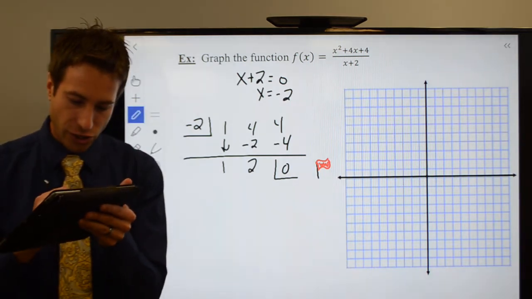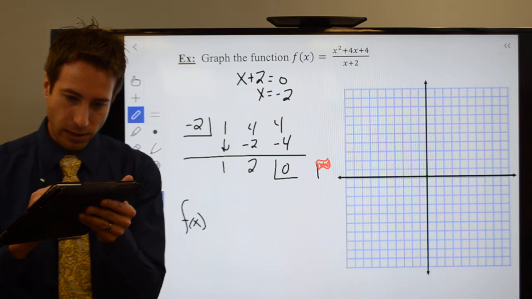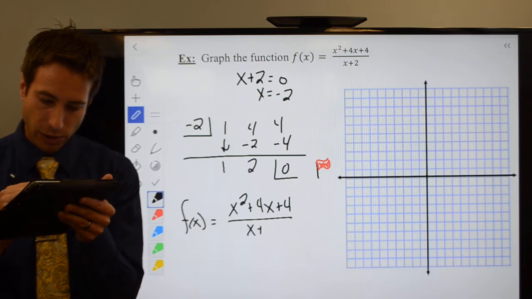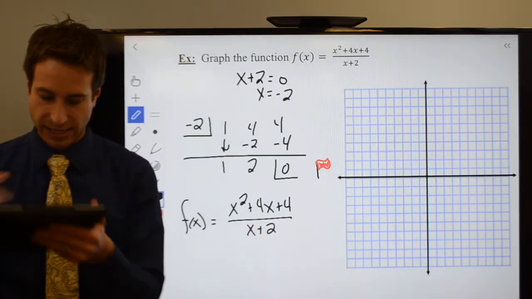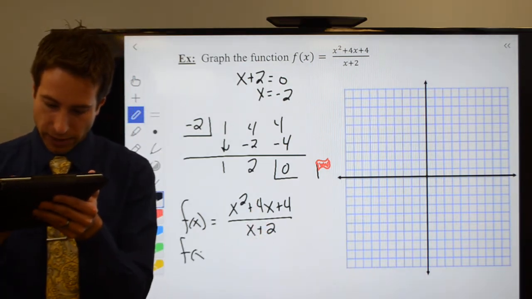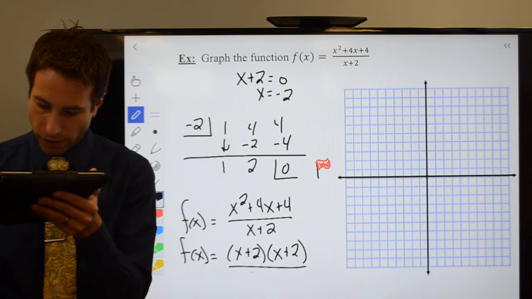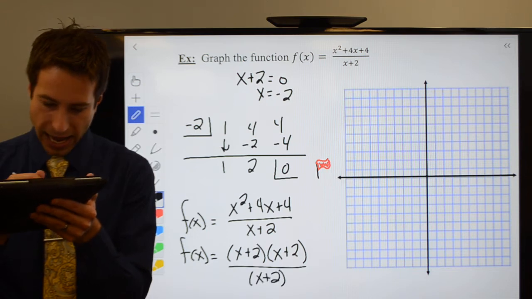I take that function, f of x, which is equal to x squared plus 4x plus 4 over x plus 2, and I factor this guy, which factors into x plus 2 times x plus 2 all over x plus 2, and look at that.